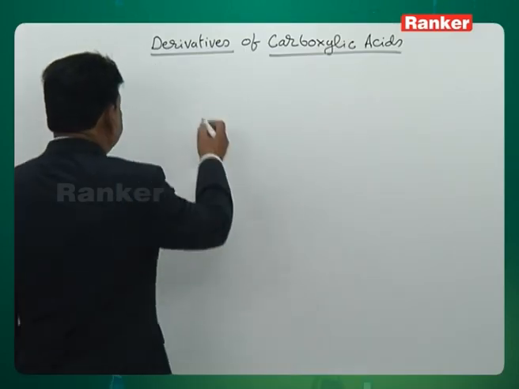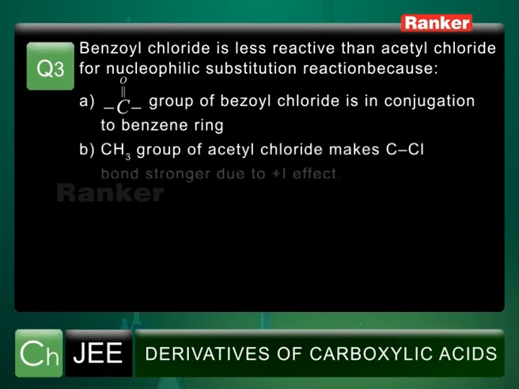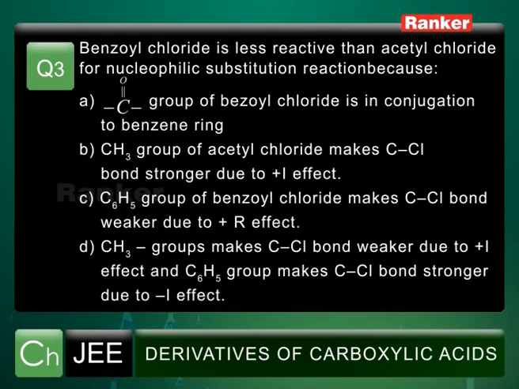So, let us go to question number 3. The question is, benzoyl chloride is less reactive than acetyl chloride for nucleophilic substitution reaction because of which reason; 4 different answers are given. A: the carbonyl group of benzoyl chloride is in conjugation with the benzene ring. That appears right, but it is not the reason.